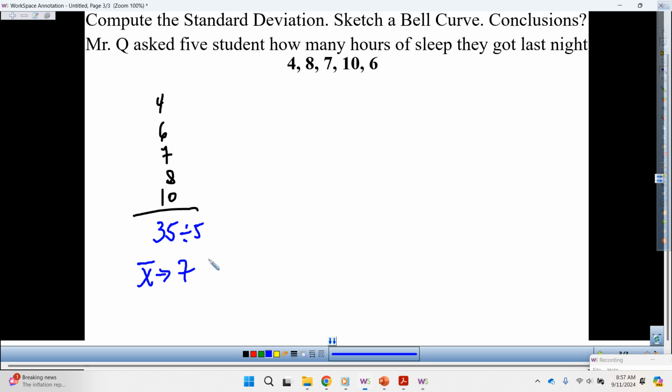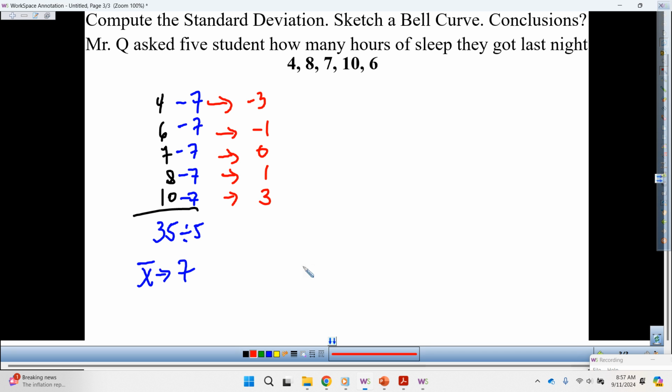Hands, have you got that? Pass someone. Green, go. So take all the data, subtract by the mean, subtract 7, subtract 7, subtract 7, subtract 7, subtract 7, and we get -3, -1, 0, 1, 3.